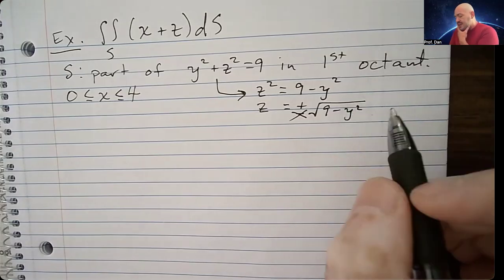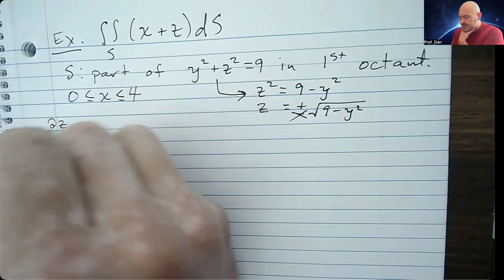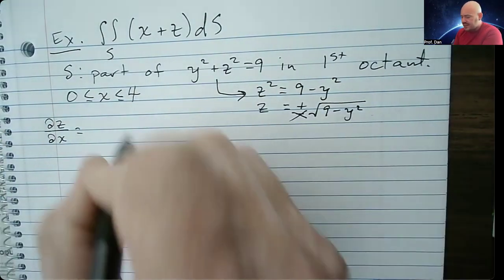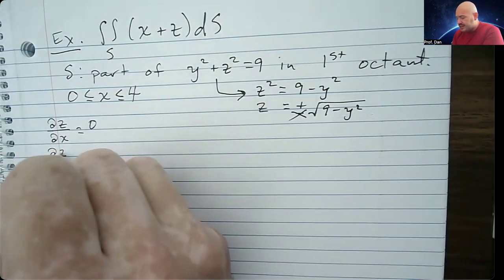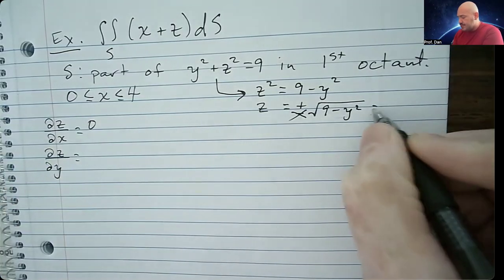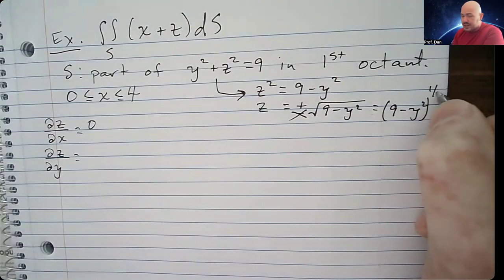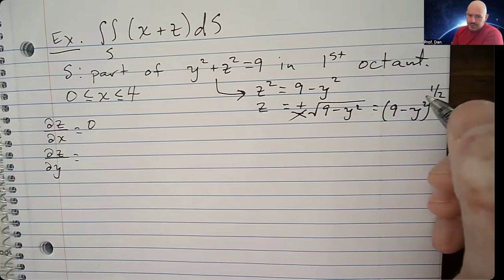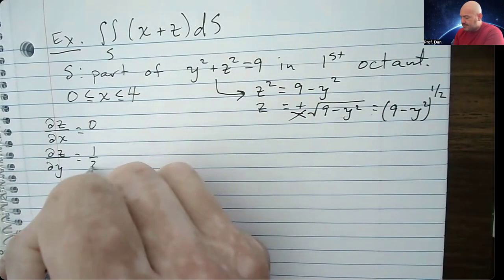All right, so now that I've solved for z, I can get my partial derivatives. Partial with respect to x is pretty easy. There's no x anywhere in that, so that's 0. Partial with respect to y, I have to use my chain rule. So remember, this can always be written as 9 minus y squared to the power 1/2, because it's a square root. If I take the derivative with respect to y, chain rule, I bring the 1/2 down.